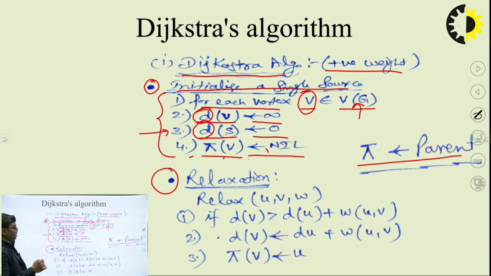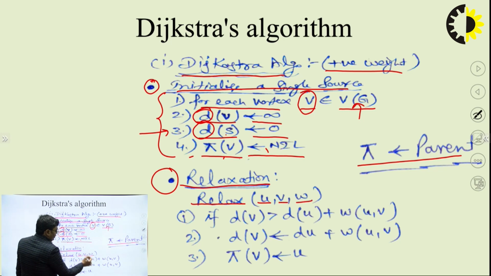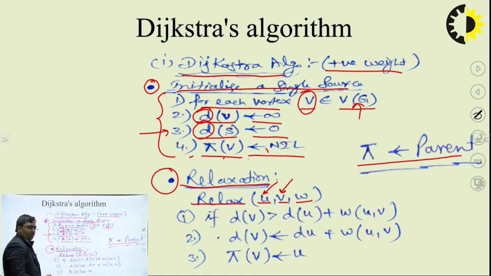When we go to another node from a single source S, we have to take care of the next process, called relaxation.